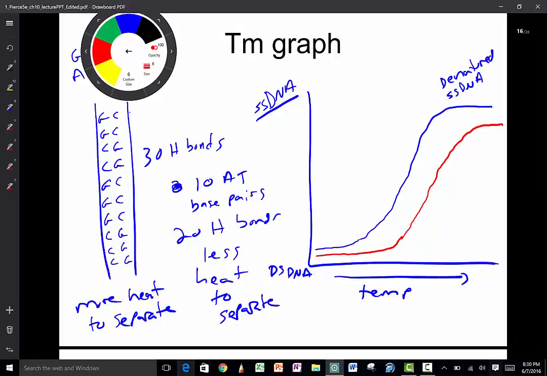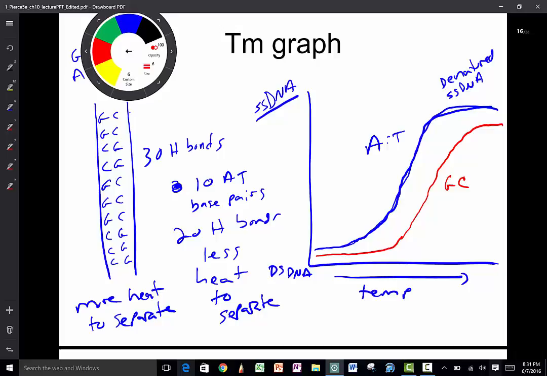Which one is which? So this blue one, does that have a lot of A's and T's, or does that have a lot of G's and C's? Well, the way to think about it is it's actually starting to denature earlier, or it's denaturing at a lower temperature. So that means it's easier to separate it. So there's more ATs in that case, and there's more GCs in this case.